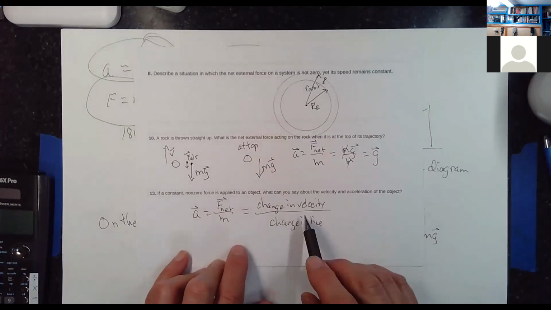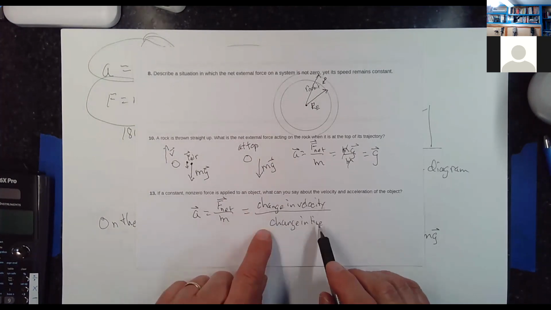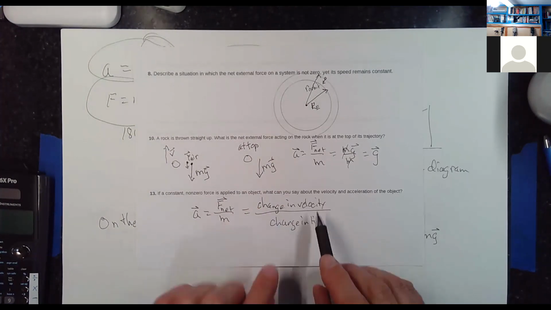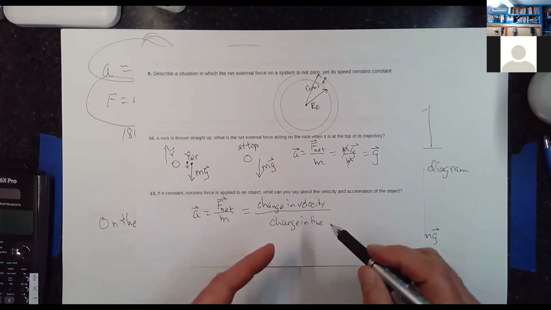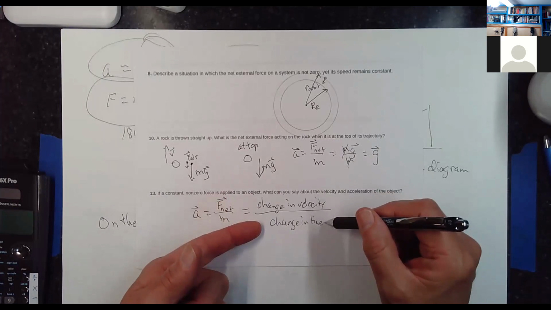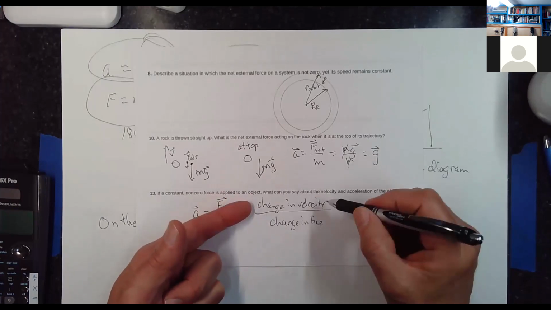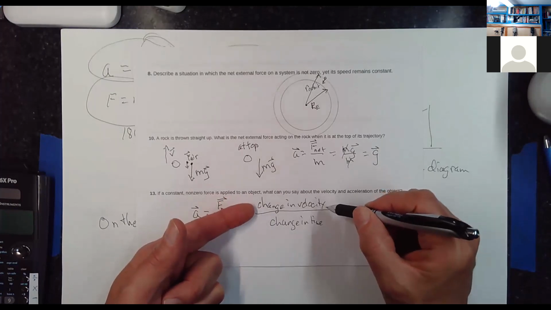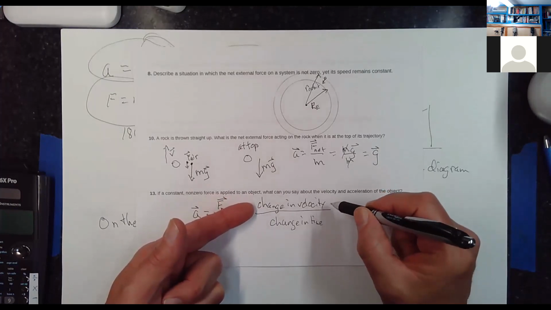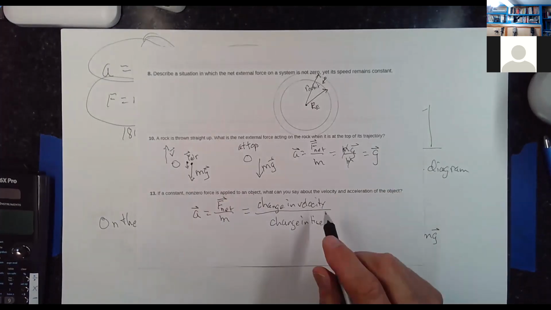But we do know that the rate of change of velocity will be constant in time, and so will the acceleration. Anytime you divide something by time, you get the rate of that something. And this is the change in velocity. So dividing it by time gives us the rate of change of velocity. So that's what we can say.